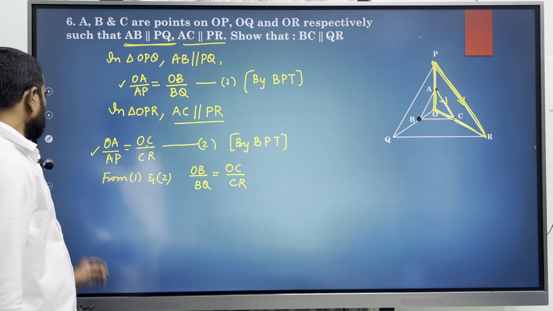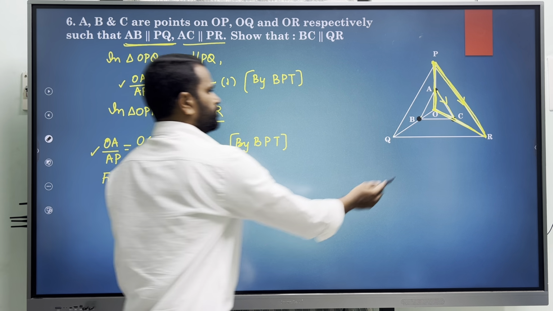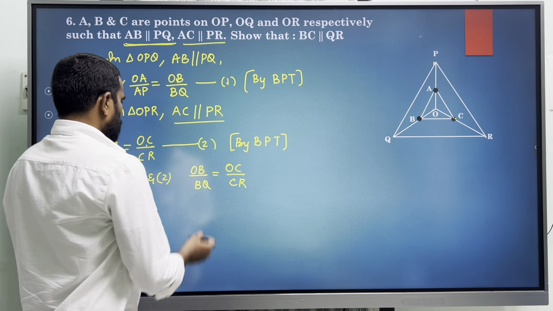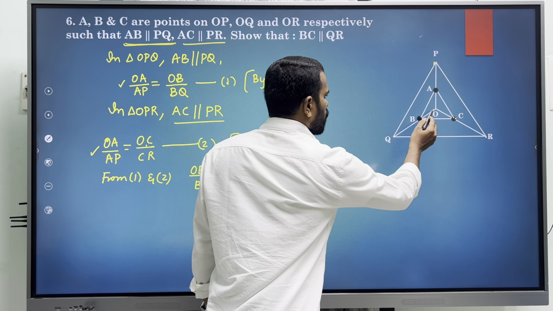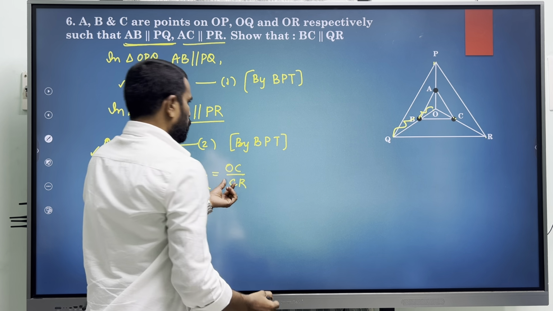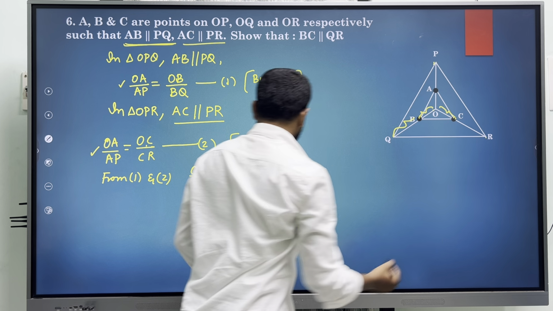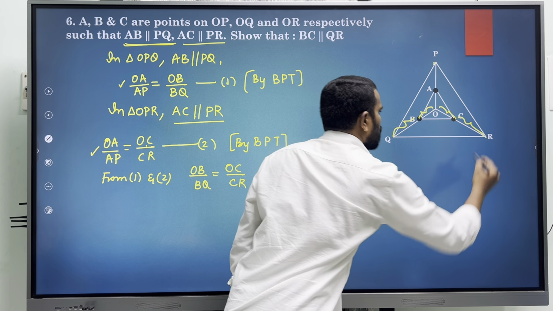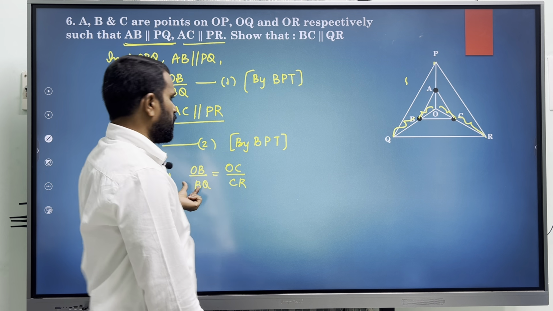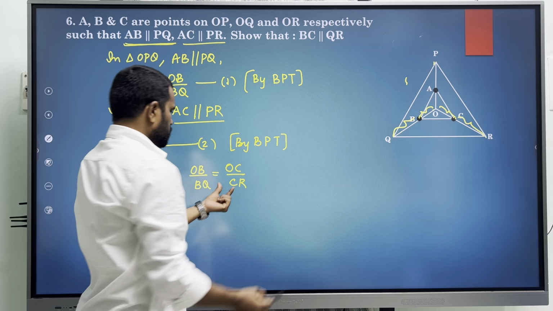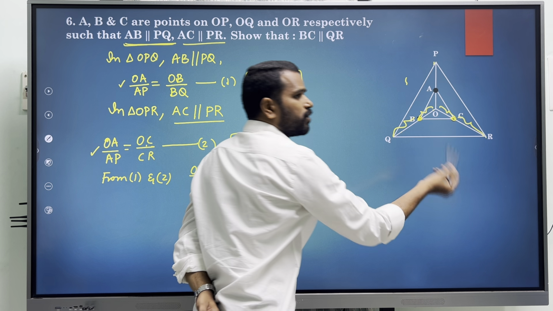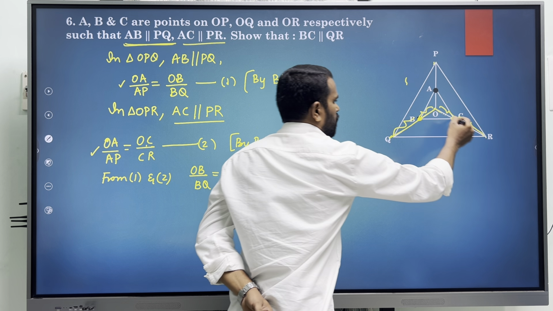These are two distinct points on these sides.